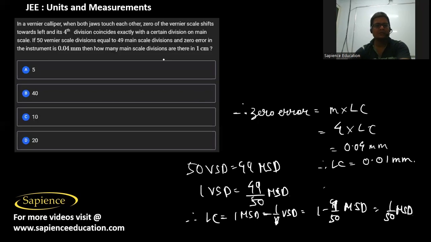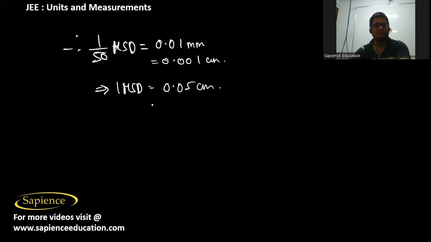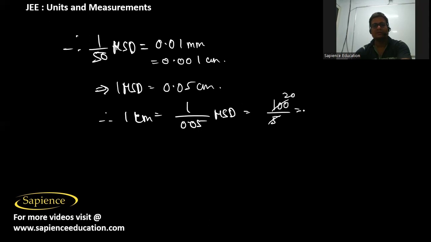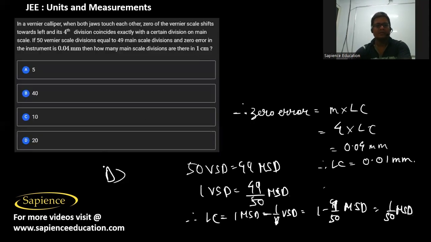Now, 1 centimeter, how many main scale divisions are there? So 1 centimeter will be equal to 1 by 0.05 main scale divisions. So that will be 1 by 5 by 100, so that is 20 main scale divisions. So option D is the correct answer.